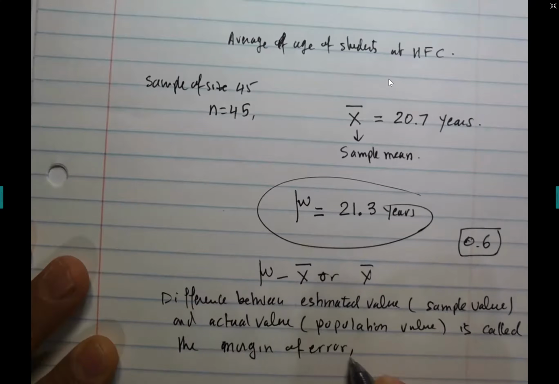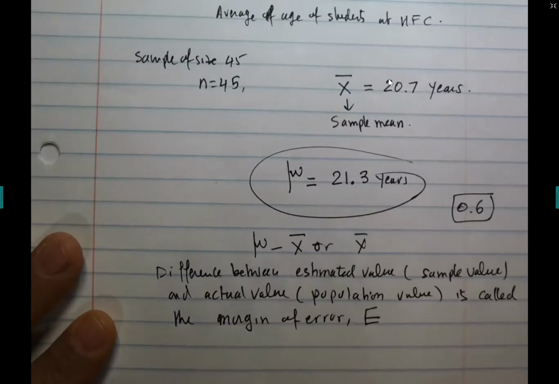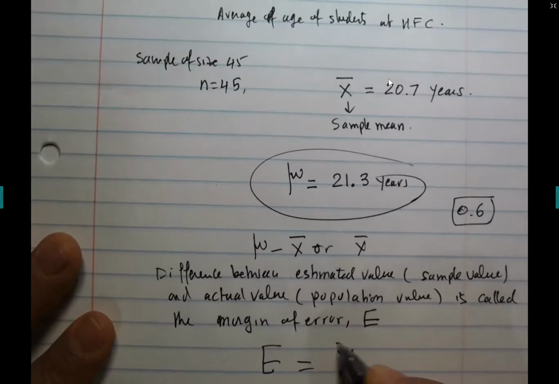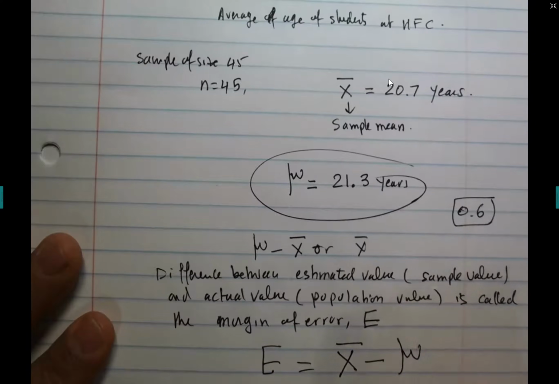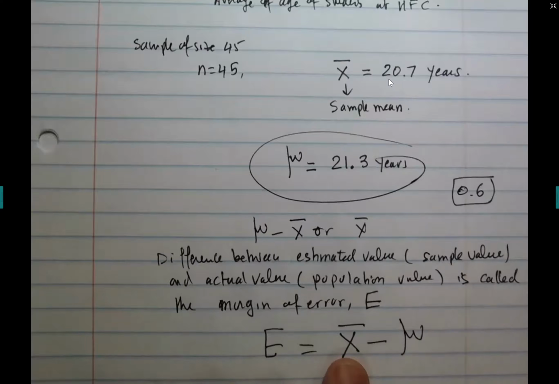In the book, guys, they call it E. So E is the difference between x bar and mu. x bar is the mean of the sample, mu is the mean of the population, and E is the difference between the two. This is what the margin of error is.